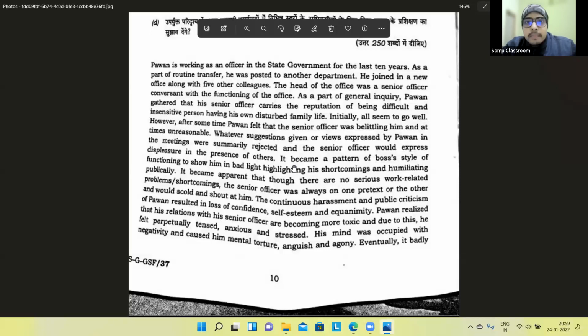Which part of ethics deals with which current affairs? Mission Karma Yogi. Exactly, Mission Karma Yogi. Okay, from rule to role based. So it might be that he's a rule based officer, so it is like he is being difficult.